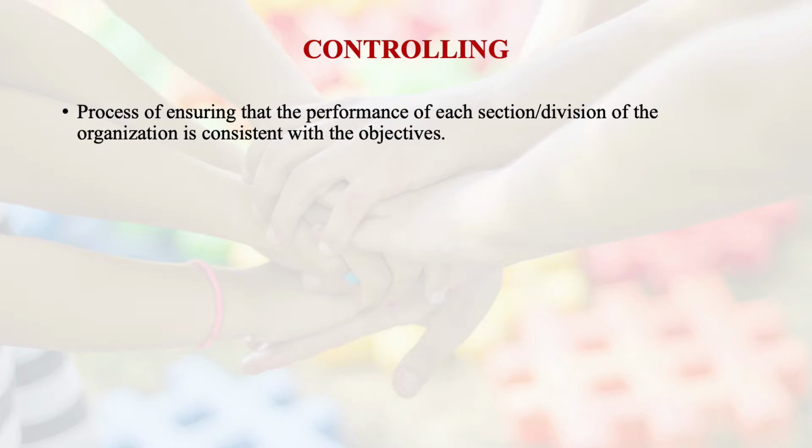These are the common elements which occur in all the elements which are a part of the process of management. Now the last part is the controlling part, and this part is very, very important. Controlling is the process of ensuring that the performance of each section, division, functional area or individual in the organization is consistent with the organizational objectives. It should move in a flawless manner, but usually this does not happen because human beings tend to err.